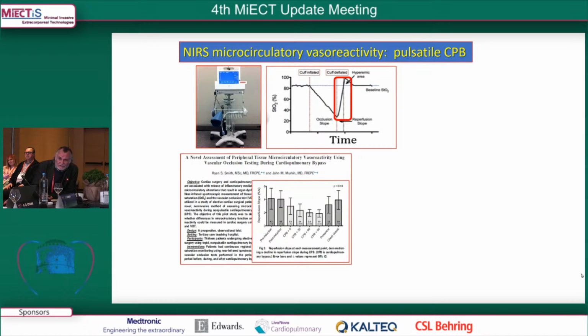One of the fellows that was working with us is in Seoul, and they have a very large beating heart practice.